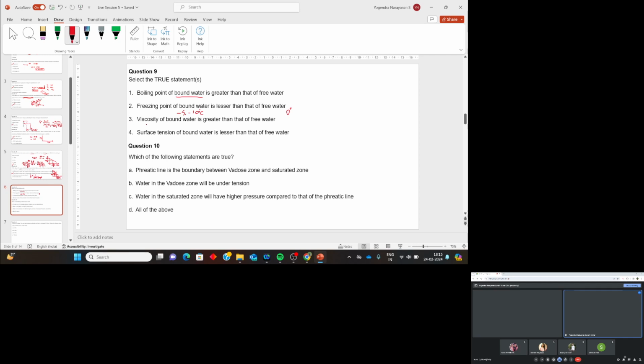Hence, the viscosity of bound water is greater. And surface tension of bound water also will be greater than free water, but the statement is given otherwise. Hence, these three options are right.